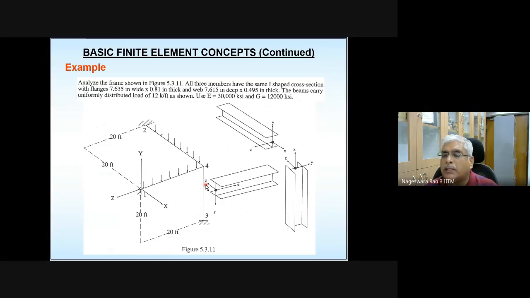MATLAB is a commercial software optimized for matrix analysis; the name itself says it is good for matrix analysis. Anything you want, you put in matrix and vector form, and MATLAB is very useful to do those calculations. So make use of MATLAB and try to solve this problem.